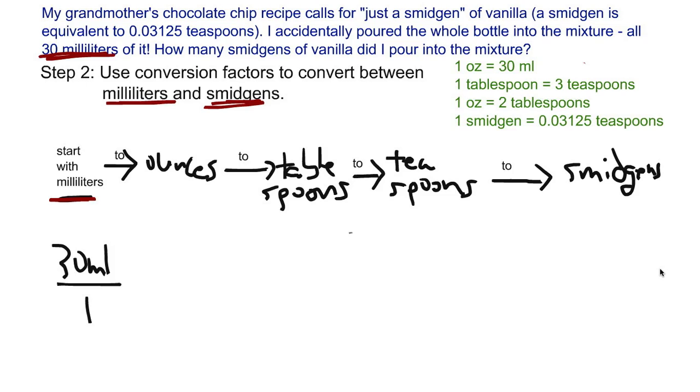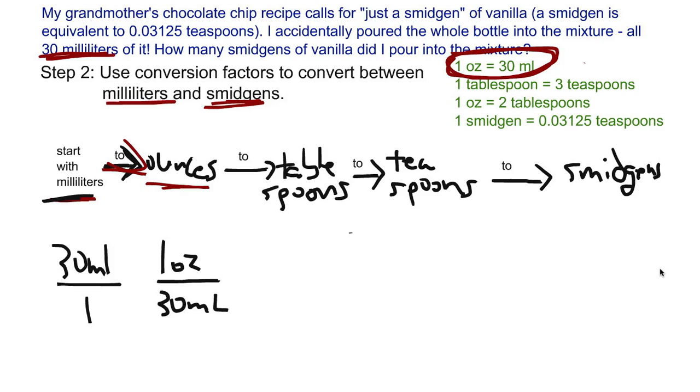Now we're going from milliliters to ounces. So we need to use the one that's going to relate milliliters and ounces. That's the 1 ounce equals 30 milliliters. Now we put milliliters on the bottom, and that will allow us to cancel out milliliters. So now milliliters is canceled and we are in ounces.